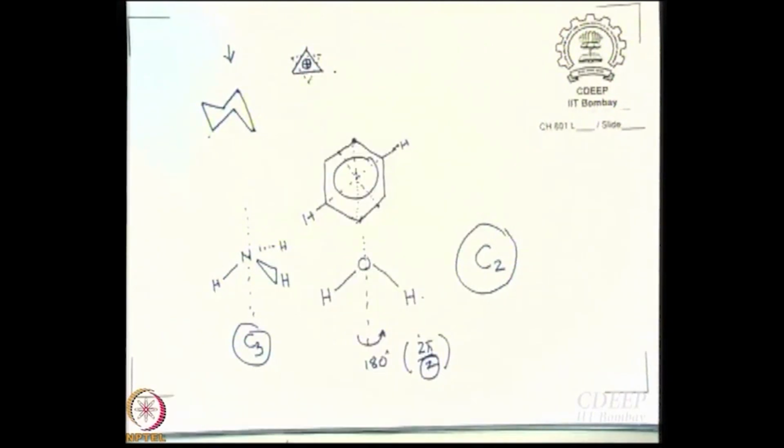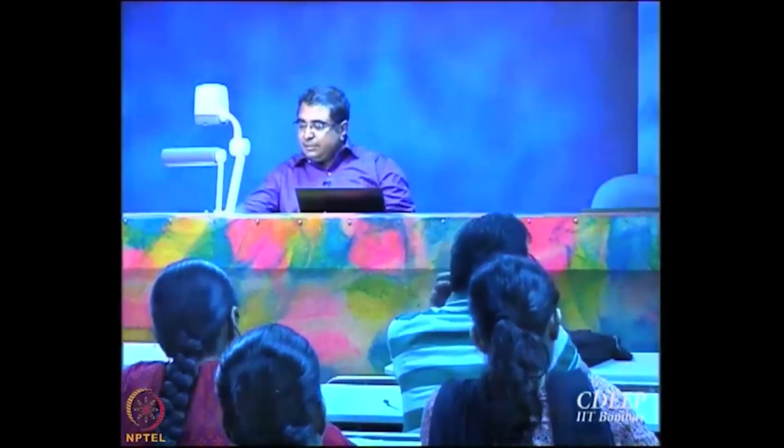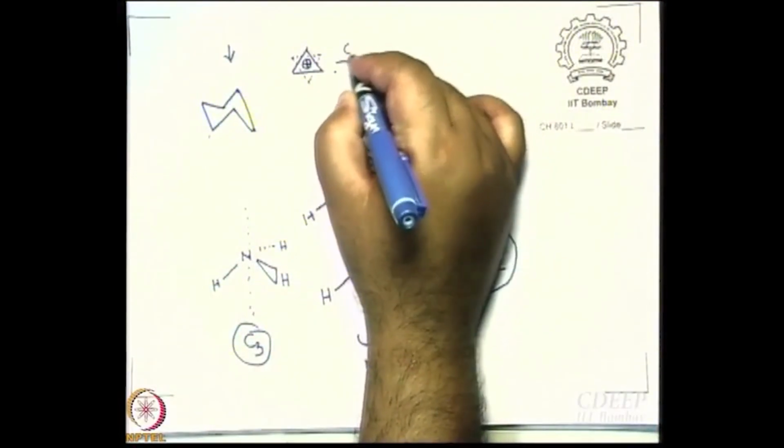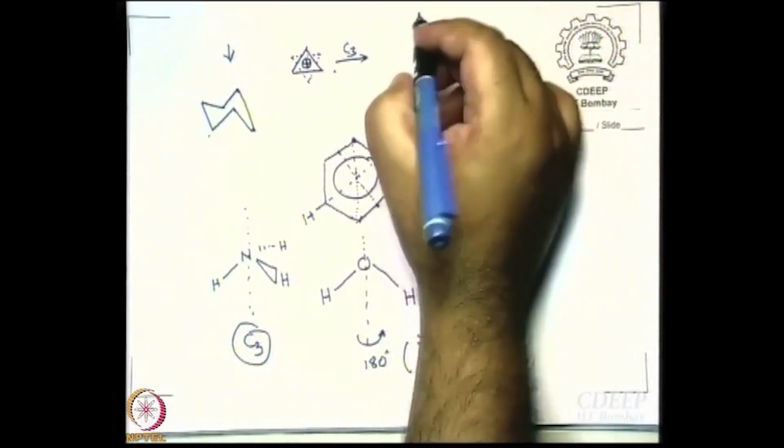I hope you are familiar with this convention. Plus means it's jutting out of the paper. Minus means it's going down from the paper. Okay. So now, with respect to this axis, if I perform a C3 rotation, is that big enough for you? The letter is big enough for you? Okay, good. If I perform a C3 rotation, then what will I get?